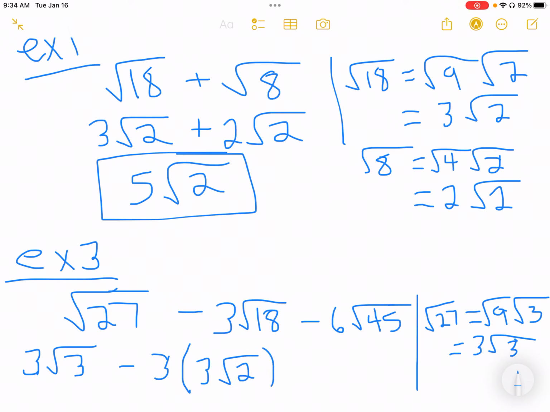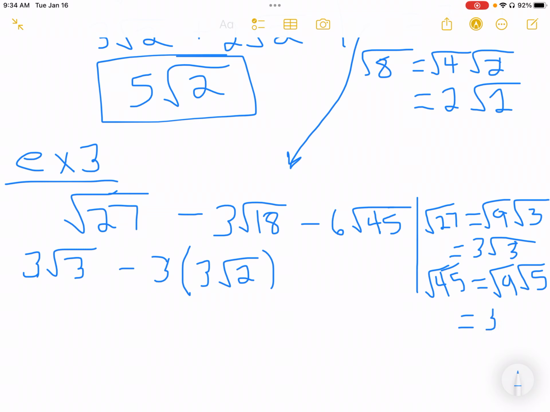And then this last one is root 45. Root 45, you say what perfect square is in there? Well, it's actually a 9 as well. So it's root 9, and then it's root 5. And then it just becomes 3 root 5.